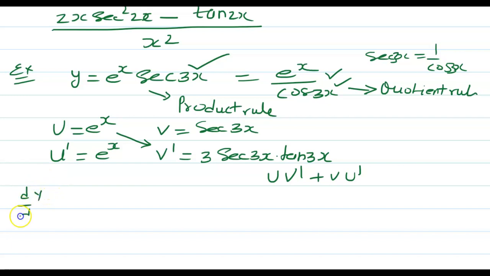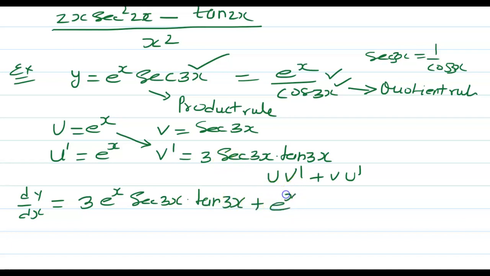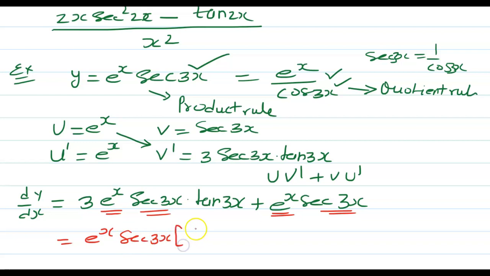So dy over dx is, multiplying this, 3 e to the power x sec 3x tan 3x plus e to the power x sec 3x. Now if you see here, e to the power x sec 3x, here also e to the power x sec 3x, so let's take it out. We are left with 3 tan 3x plus 1. That's your answer.